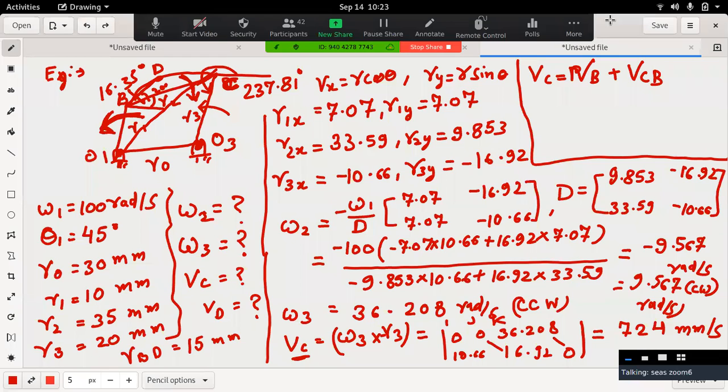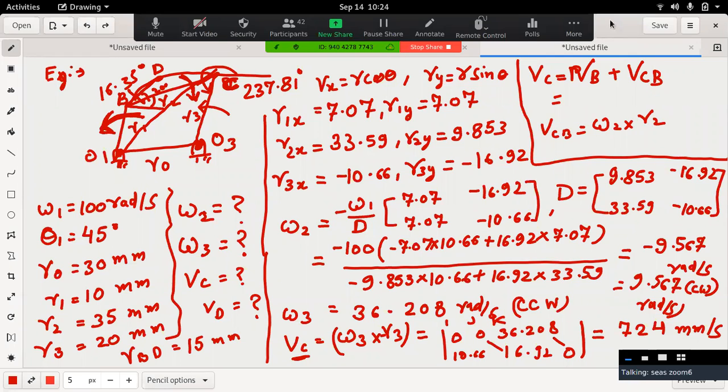So velocity of point C with respect to O1 is the velocity of point B plus velocity of C with respect to B. VB is omega 3 cross R3, and we can again do the vector multiplication, and then VCB will be omega 2 cross R2, again a vector multiplication. So by using this also we can determine the velocity of point C.